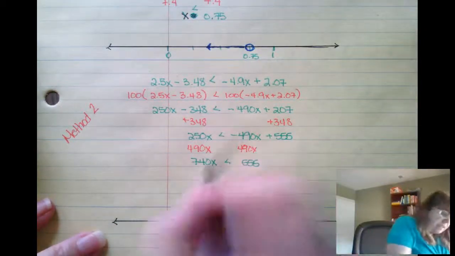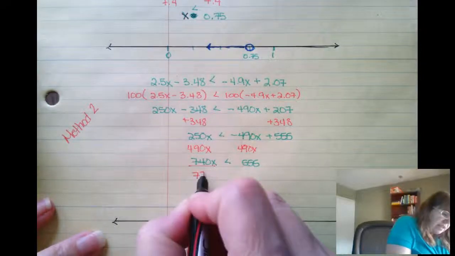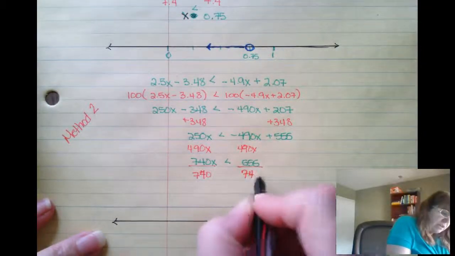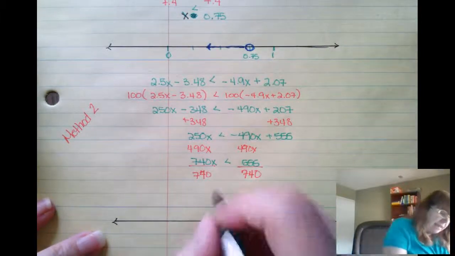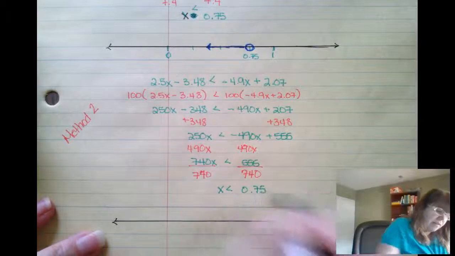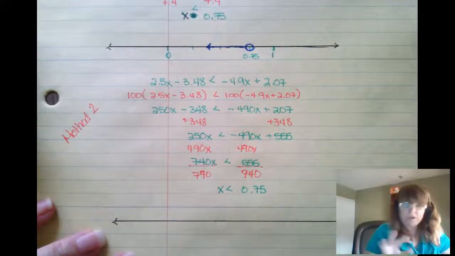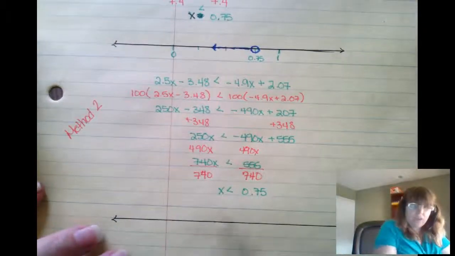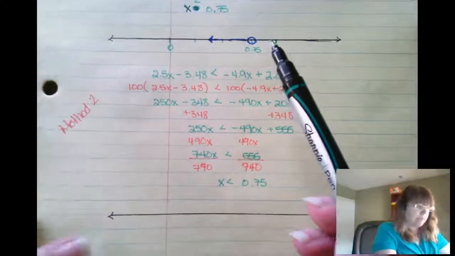Again, divide by 740, and x is still less than 0.75. Whether you change it or not, it's still going to be 0.75, and your graph would look exactly the same.